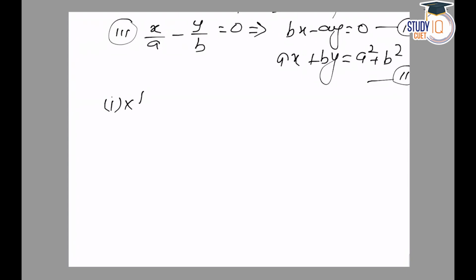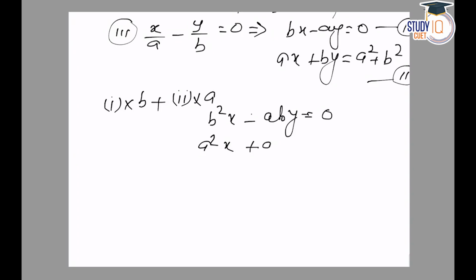So 1 into b plus 2 into a. We get b square x minus aby equals 0, and from the second, a square x plus aby equals a into a square plus b square.